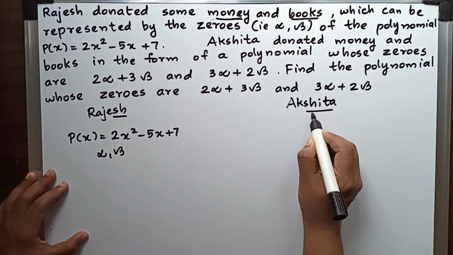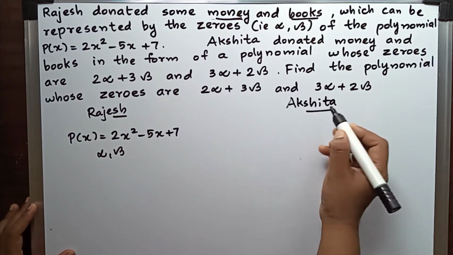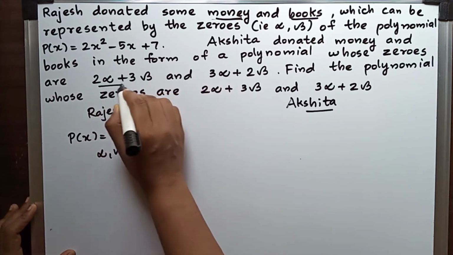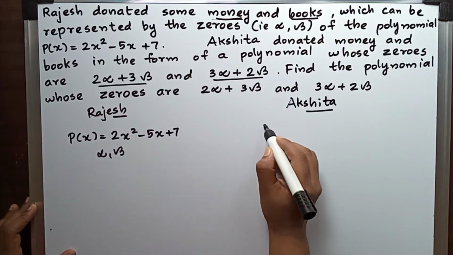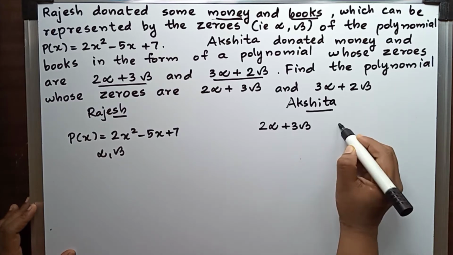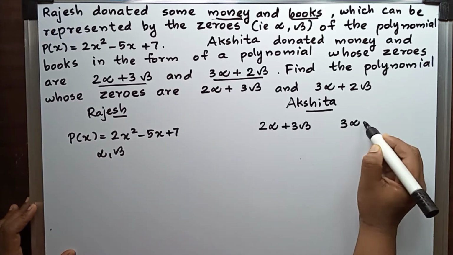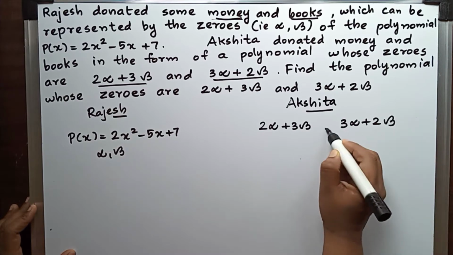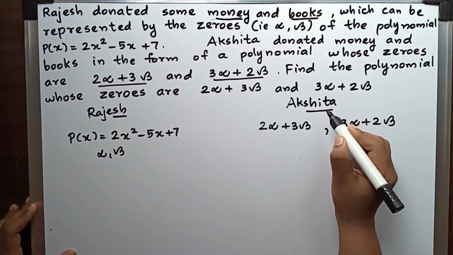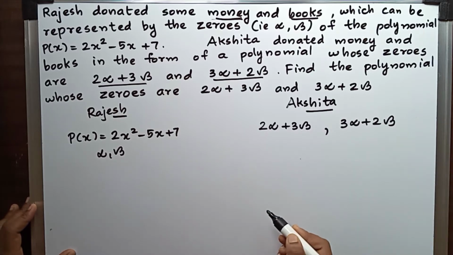Like that, Akshita's donation can also be represented by another polynomial, and what is given in the question is these two are the zeros of the polynomial, 2 alpha plus 3 beta and 3 alpha plus 2 beta are zeros of the polynomial through which we can represent Akshita's donation.